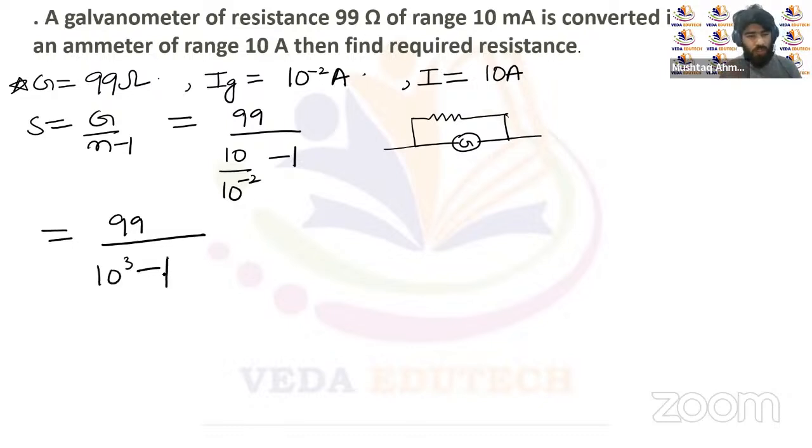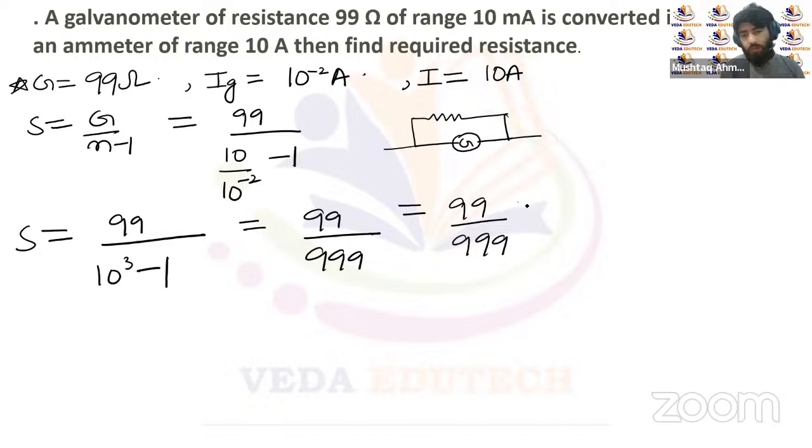So we can write it as 99 upon 999, which is 11 upon 111. So that will be the final shunt resistance.